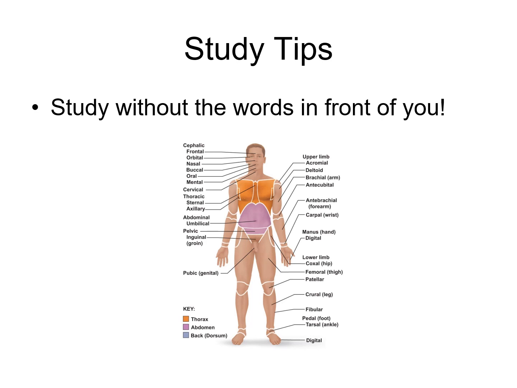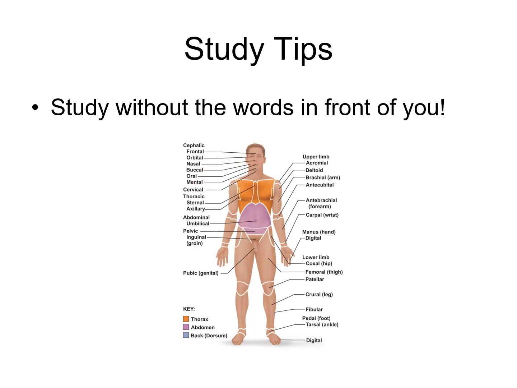Now, of course, when you first start learning all of these body regions or body landmark terms, because you're learning something new, you have to study with the words in front of you as well as the image.